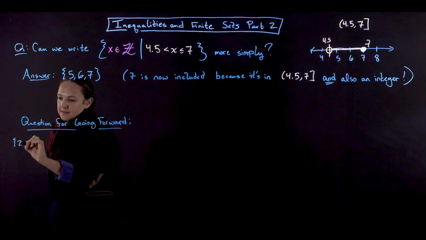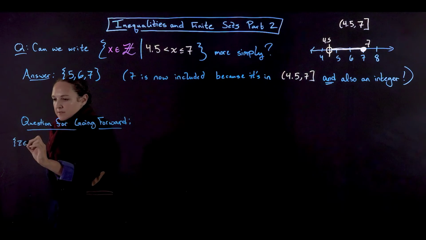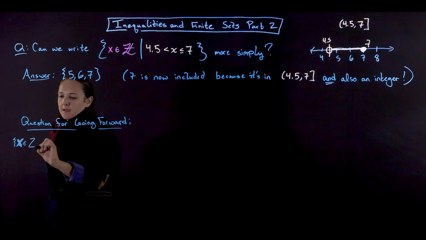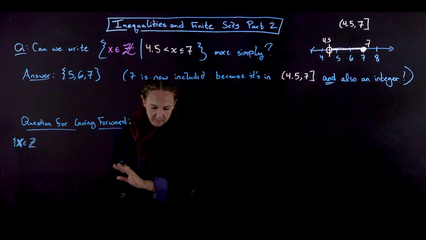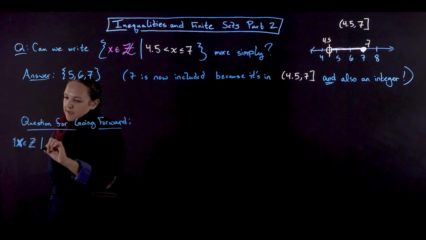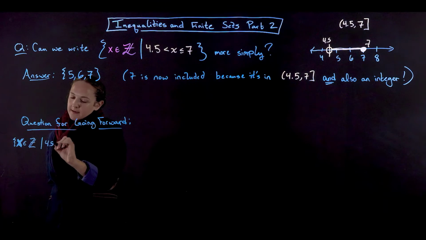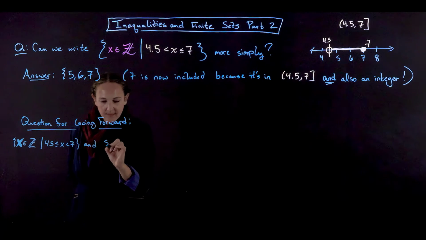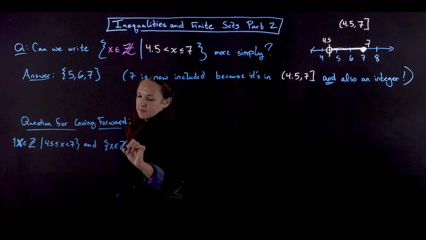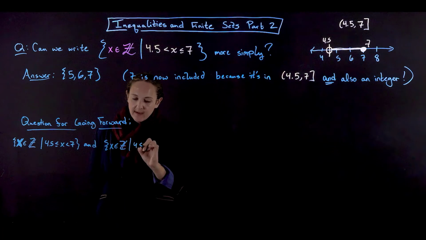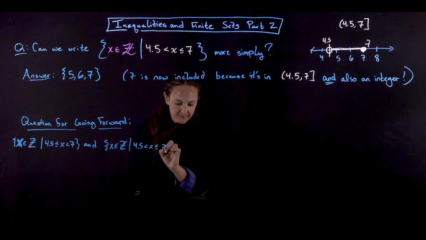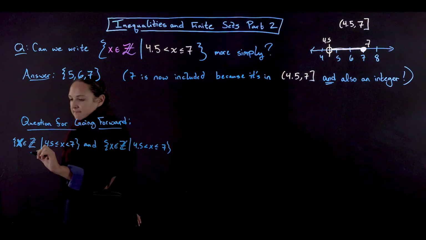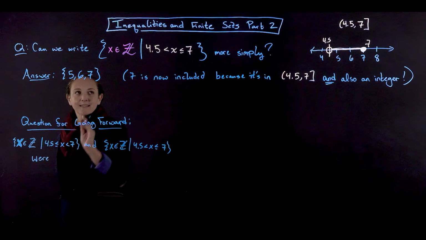Last time we looked at the set of all x in the integers where 4.5 is less than or equal to x is less than 7, and this time the set of all x in the integers such that 4.5 is less than x is less than or equal to 7. Because we restricted to the integers, these were both finite sets. I could just list them out.